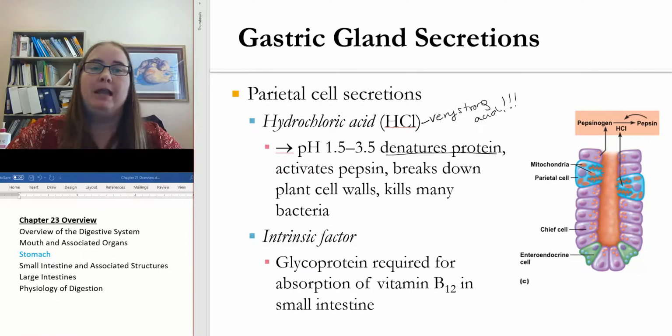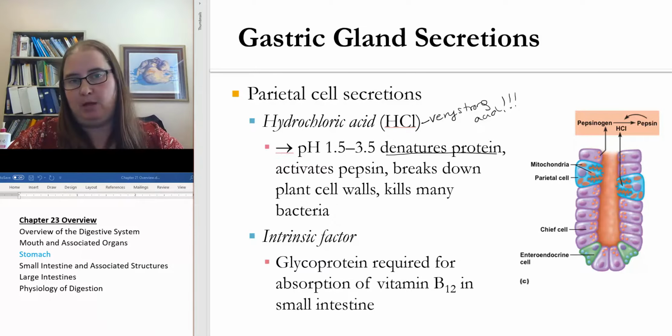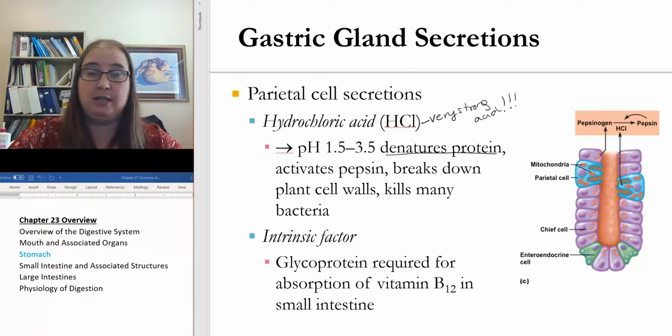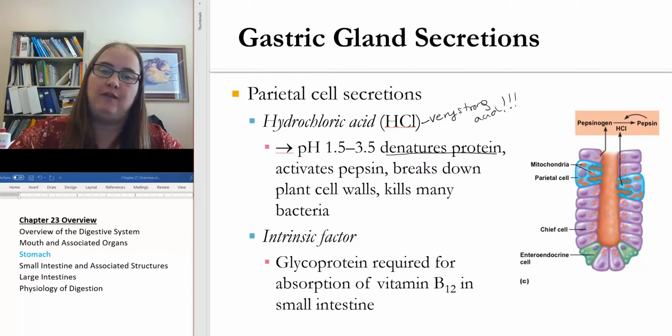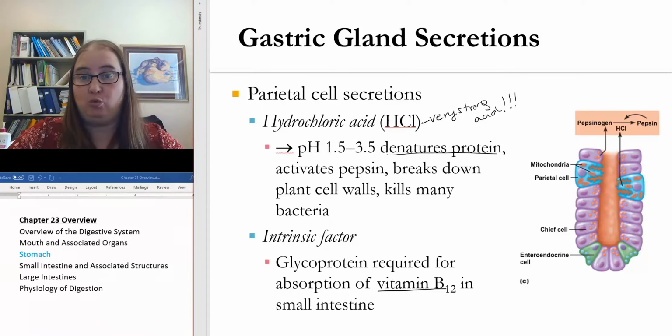In addition to our parietal cells secreting HCl, they also secrete a factor known as intrinsic factor. Intrinsic factor becomes super important because it is a glycoprotein, and it's required for vitamin B12 absorption within the small intestines. A lack of vitamin B12 in your body and your bloodstream can be due to three things. One, you're not making enough B12. Two, you're not having enough B12 in your diet.